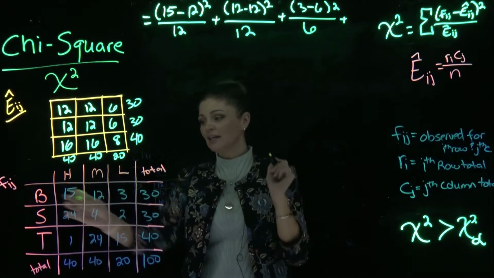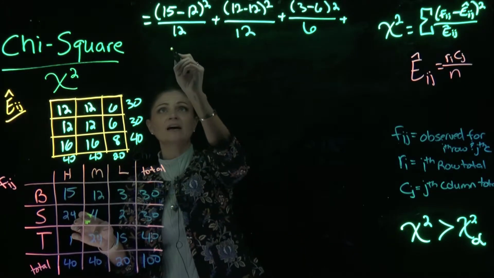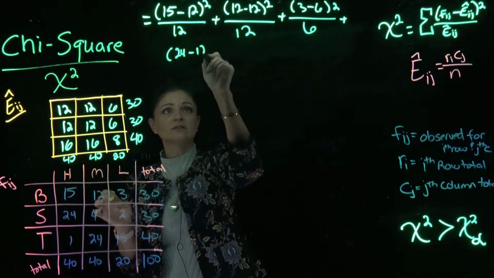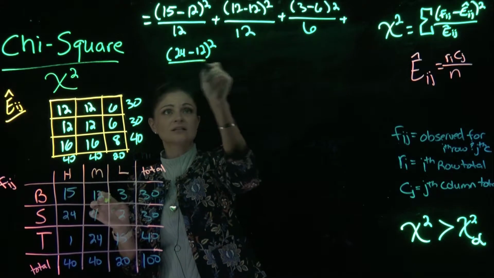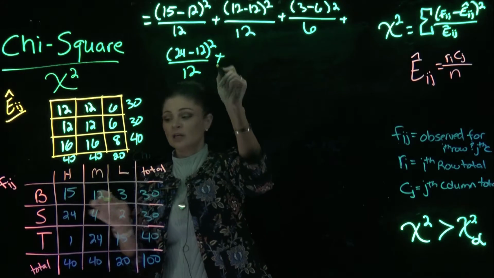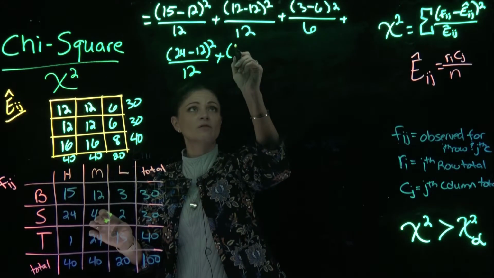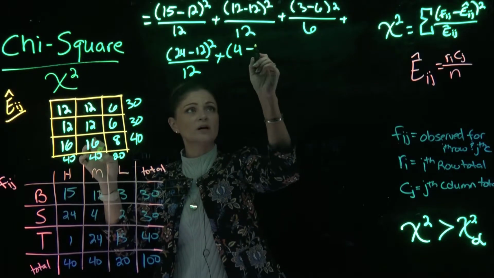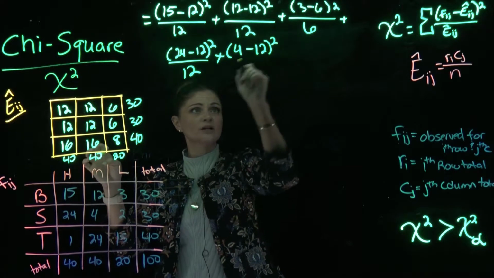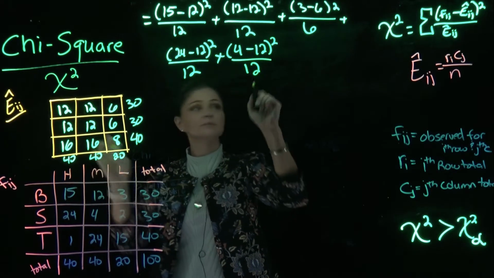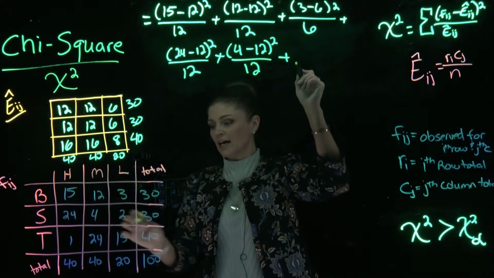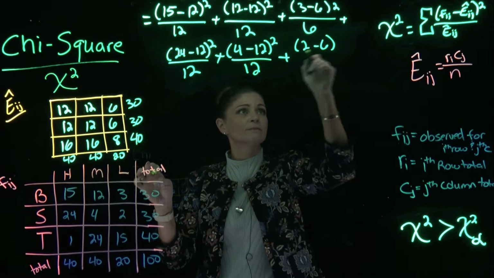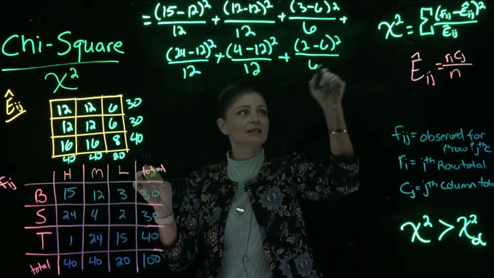And then we're going to repeat on the next row. So we're going to have 24 minus 12 squared divided by 12 plus 4 minus 12 squared divided by 12. Then we're going to have 2 minus 6 squared divided by 6.